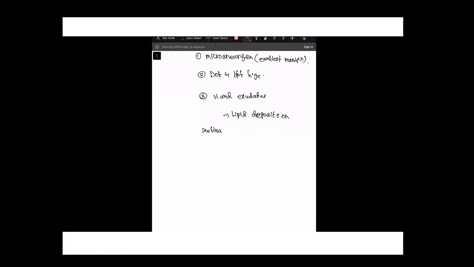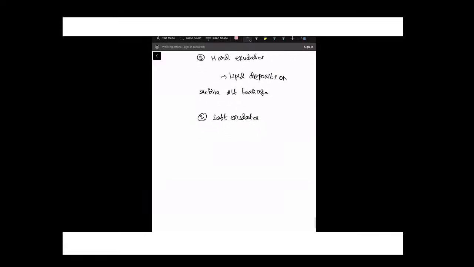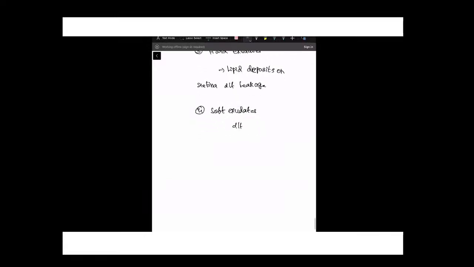Since there is leakage, we are going to see leakage of proteins or lipids, and these hard exudates are due to the lipid deposits on retina due to the leakage. And we have our soft exudates due to the occlusion, mainly made up of proteins.